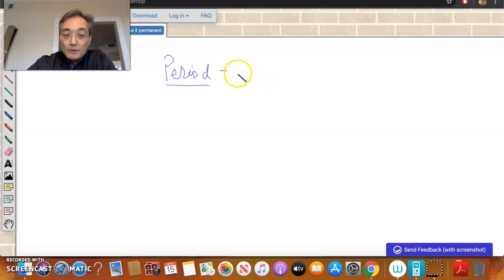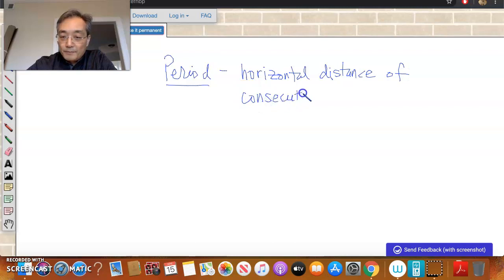Sinusoidal functions. So a period is basically the horizontal distance, I'll put it this way, of consecutive maximum values, or minimum values.